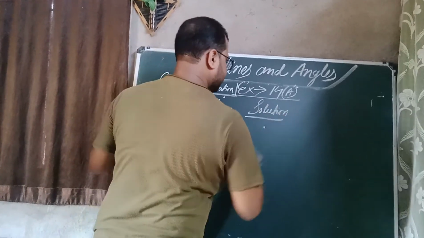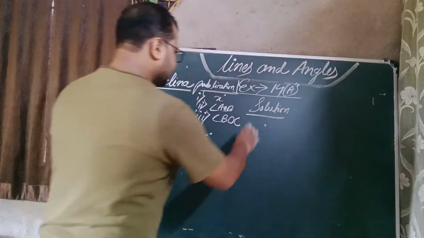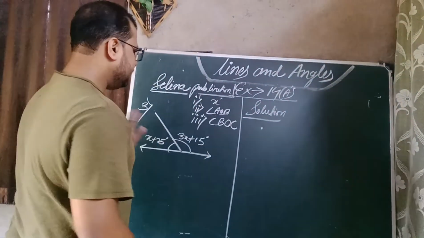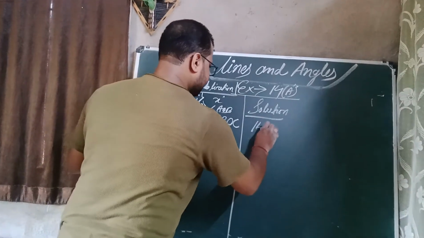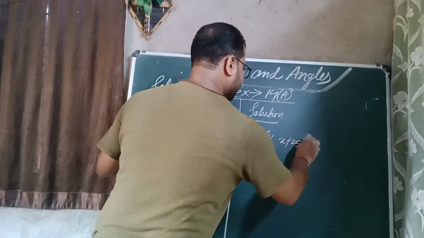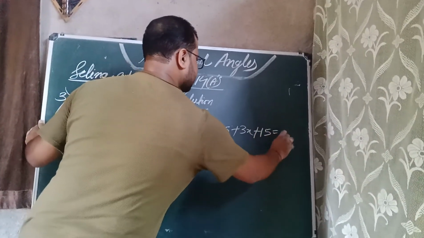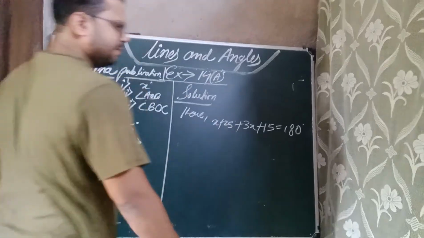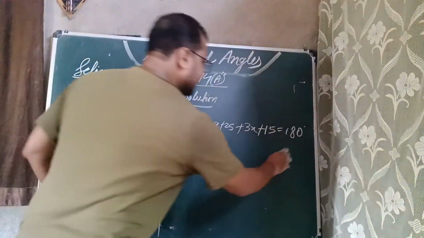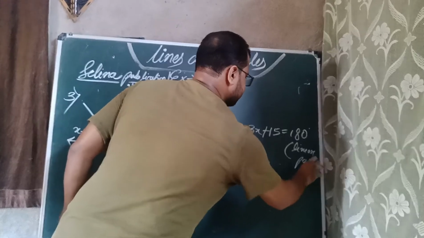Okay. First part. You can see these two angles are forming what? Linear pair. So we can write here x plus 25 plus 3x plus 15 degrees equals how much? 180 degrees. Any confusion, students? Why? Reason: linear pair.